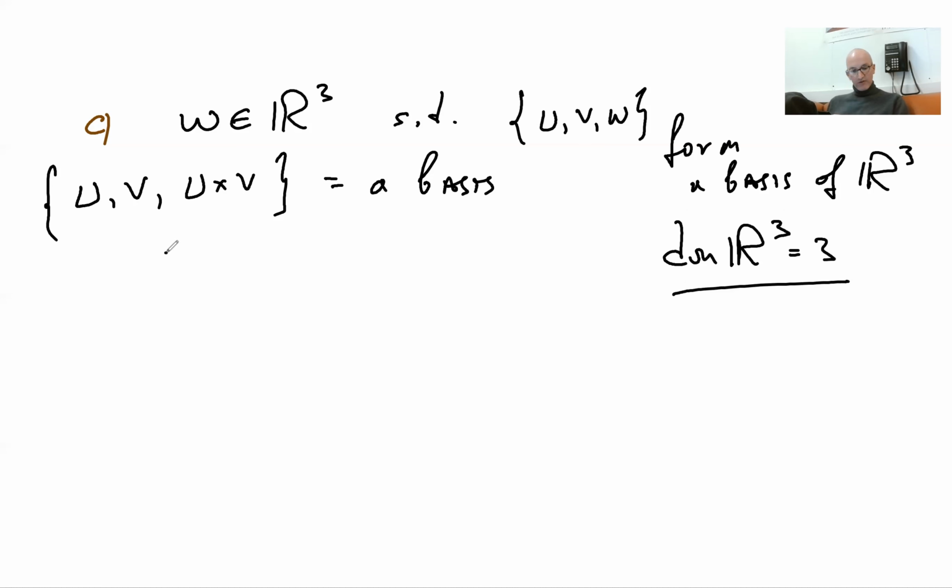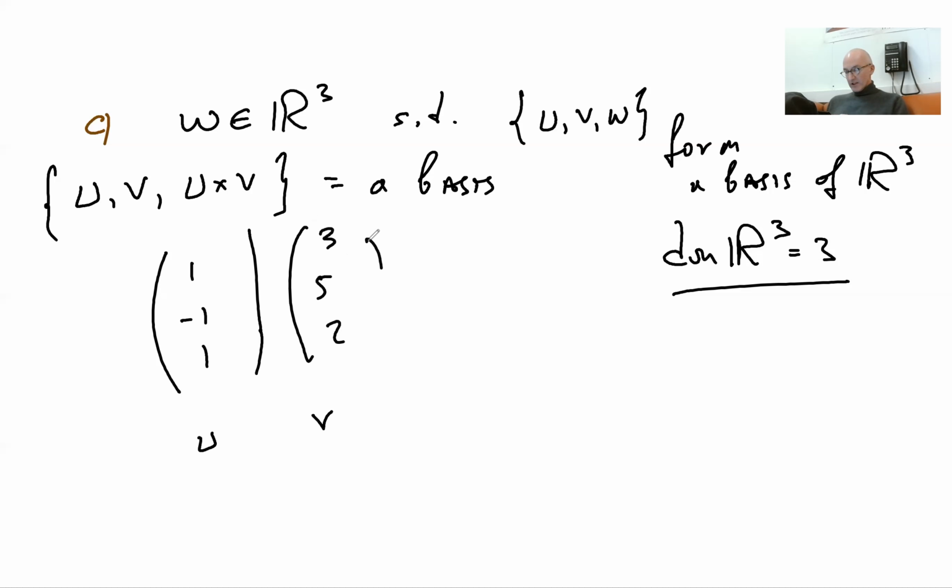Okay, let me remind you that vector u was (1, -1, 1). Vector v was (3, 5, 2). So again, I can just take the simplest possible vector. How about (1, 0, 0)?